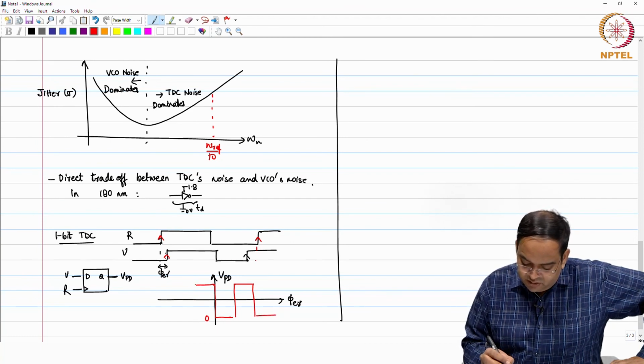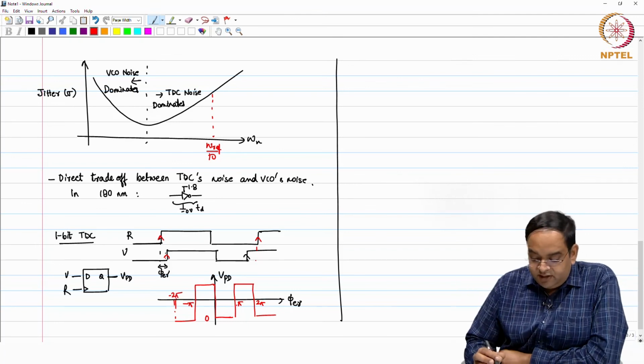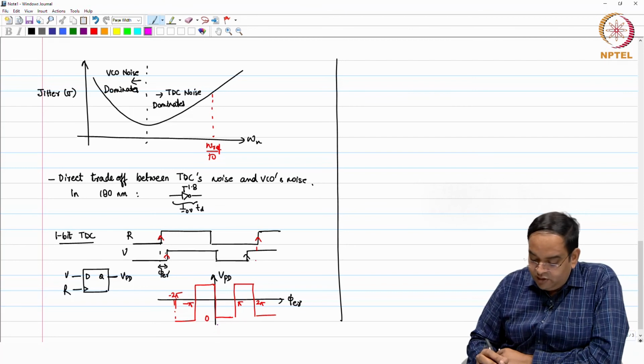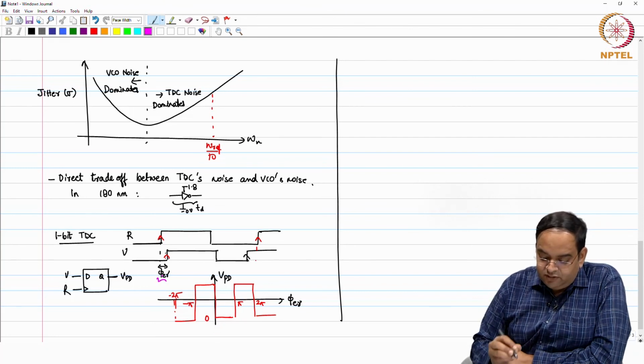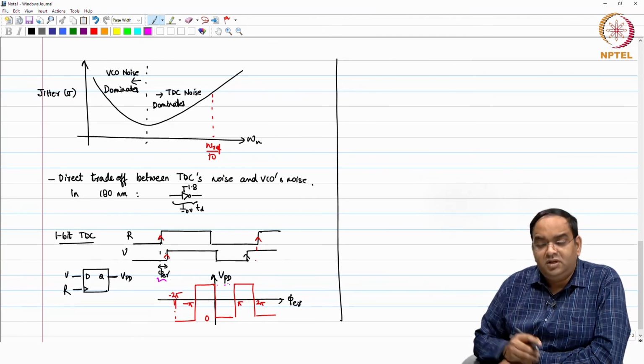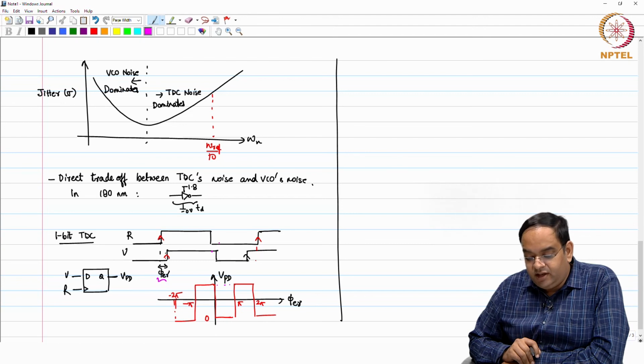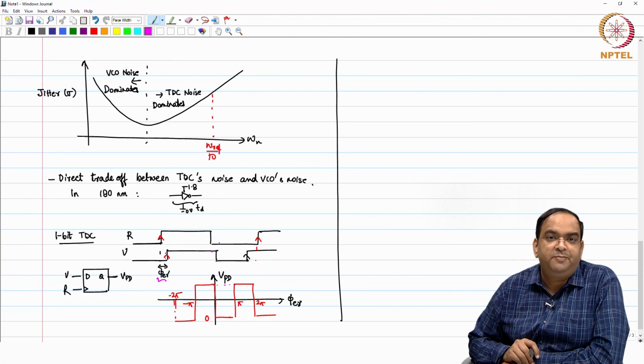So, the range of this 1 bit TDC is minus pi to plus pi; this is 2 pi here, this is minus 2 pi. What you are getting is only the sign of the phase error. In this case we are seeing just the opposite value, but that is not a problem. For phase error 0 to pi, you sample it as 0, and for phase error minus pi to 0, you sample it as 1.